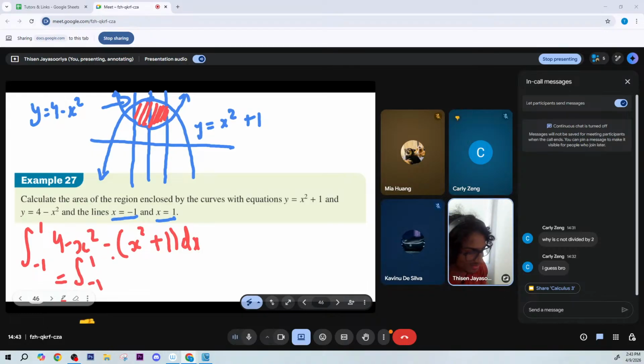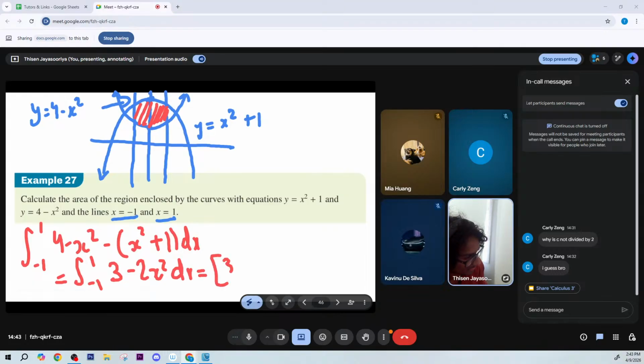So here, if we simplify this, we get 3 take away 2x squared dx. That's the thing we're trying to find. We're trying to find the integral to find this bounded area. So then we can evaluate it first.